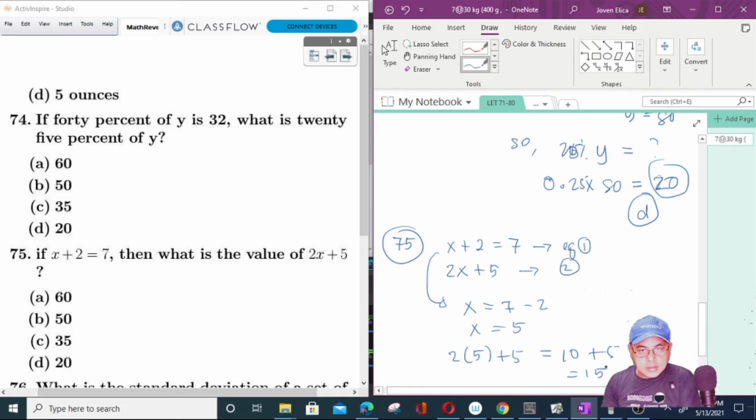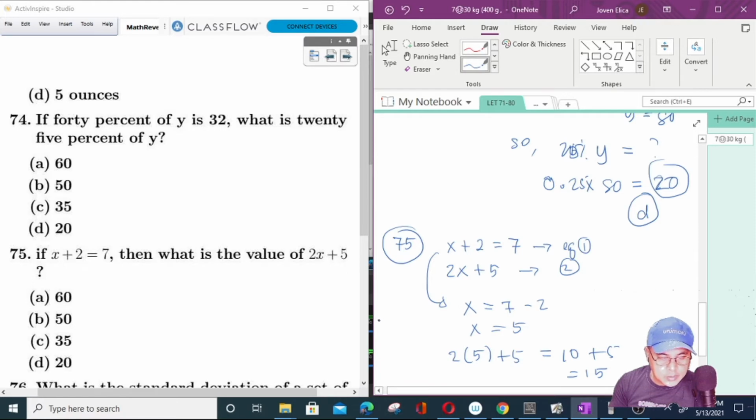Is it correct? Let me check. 2 times 5 is 10, 10 plus 5 is 15. x plus 2 is equal to 7, yes, x is 5. 7 minus 2 is 5.